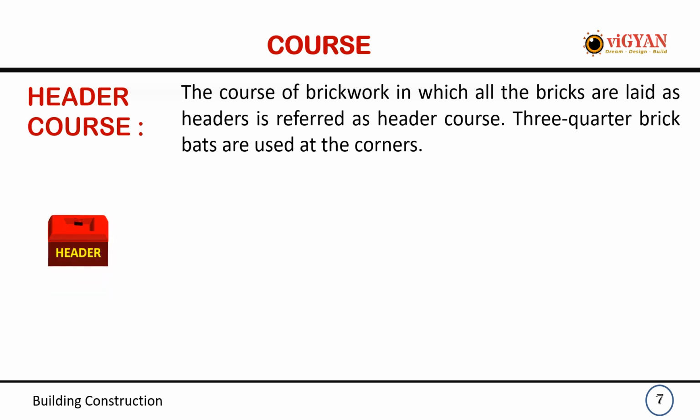We know that header is the part which measures 9 centimeter by 9 centimeter in a modular brick. When a course or layer is prepared such that only headers are visible, this is known as header course.